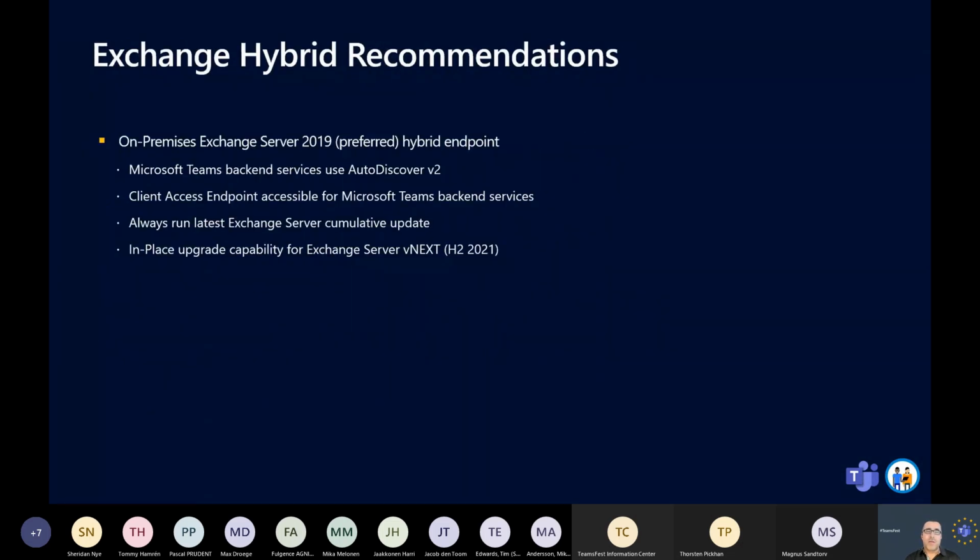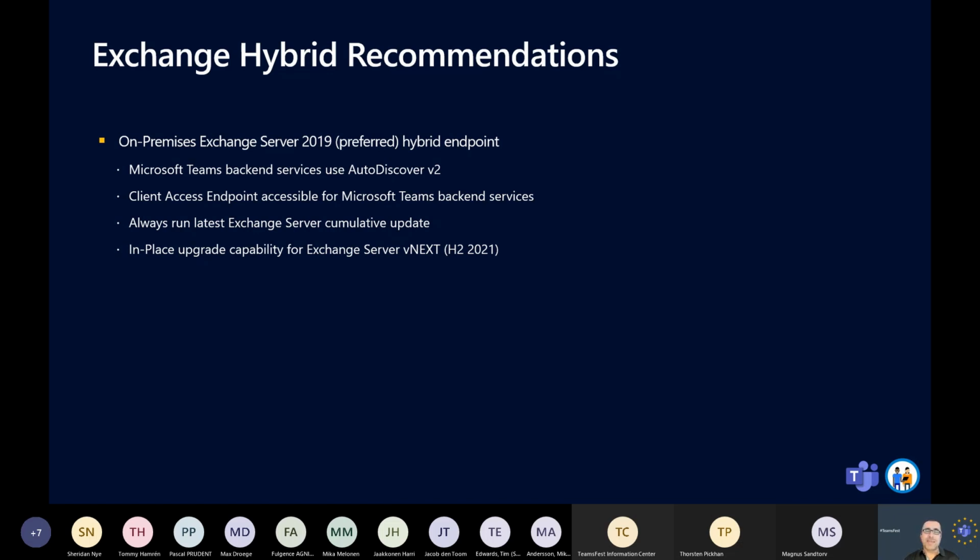So what are the recommendations when you want to establish a hybrid? First of all, you should use Exchange Server 2019 as a hybrid endpoint. You might have seen the announcement during Ignite by the Exchange team that there will be an Exchange vNext version in the second half of 2021.